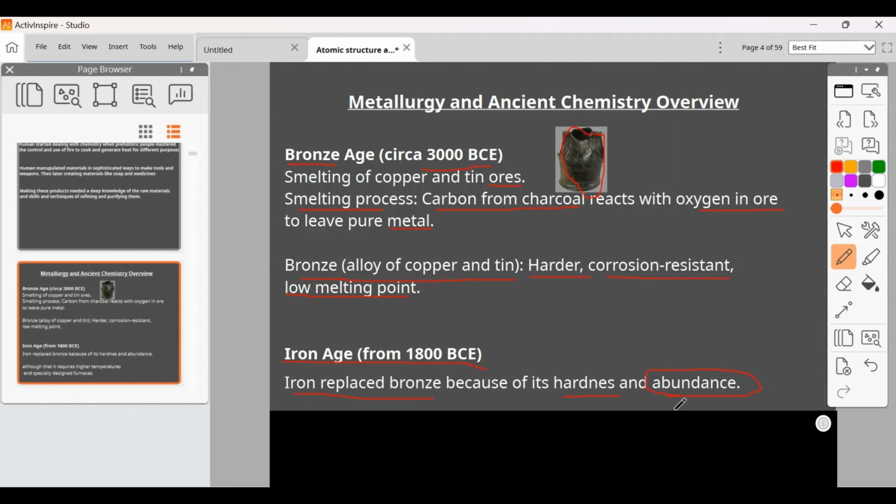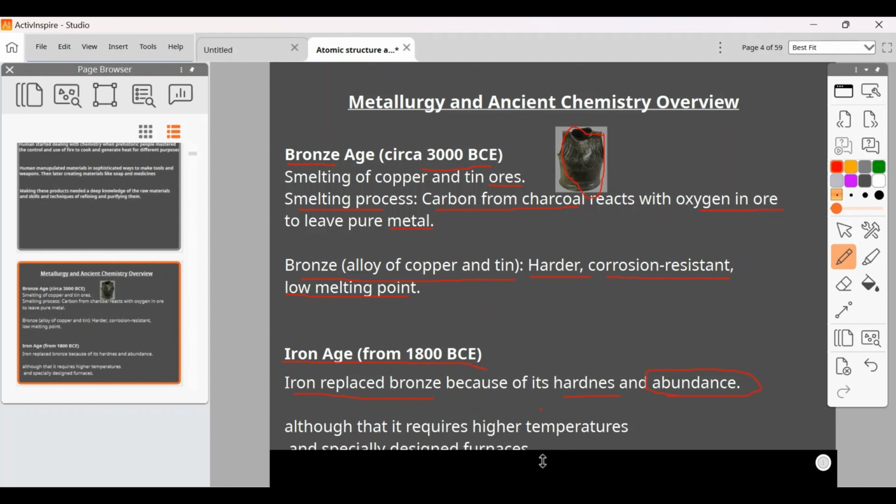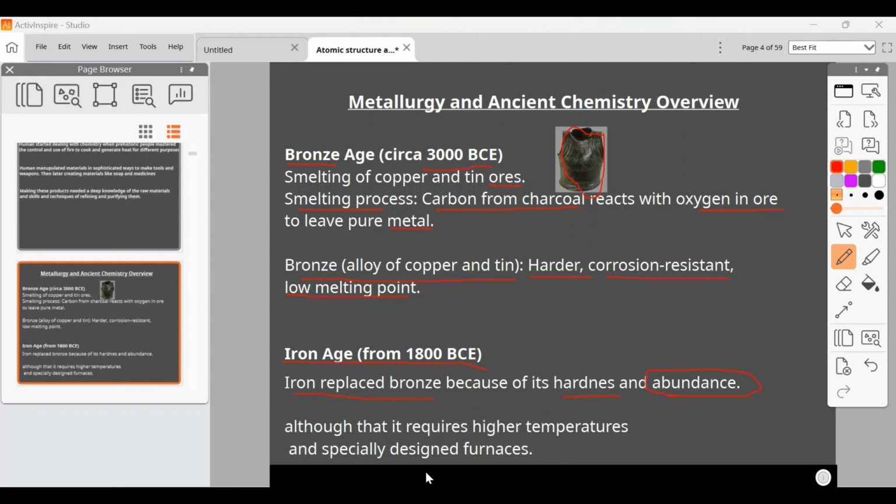It was found more than bronze, so they used iron. Another thing is that the use of iron required high temperature and especially designed furnaces.